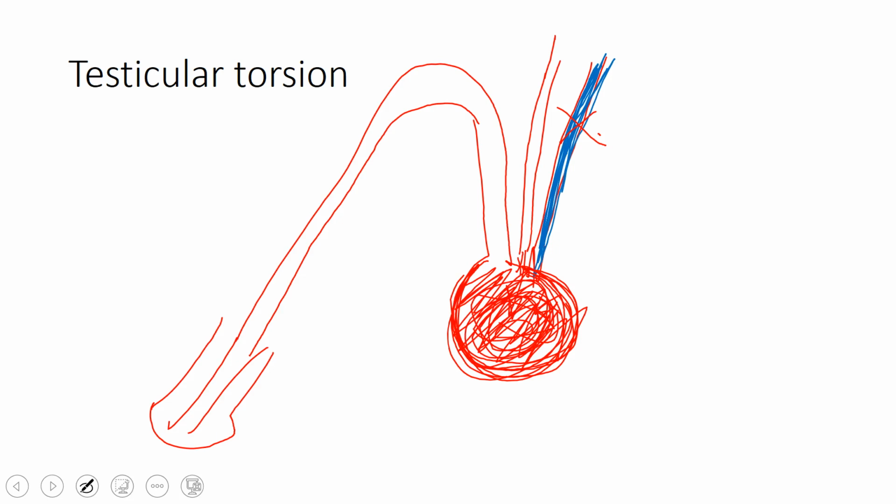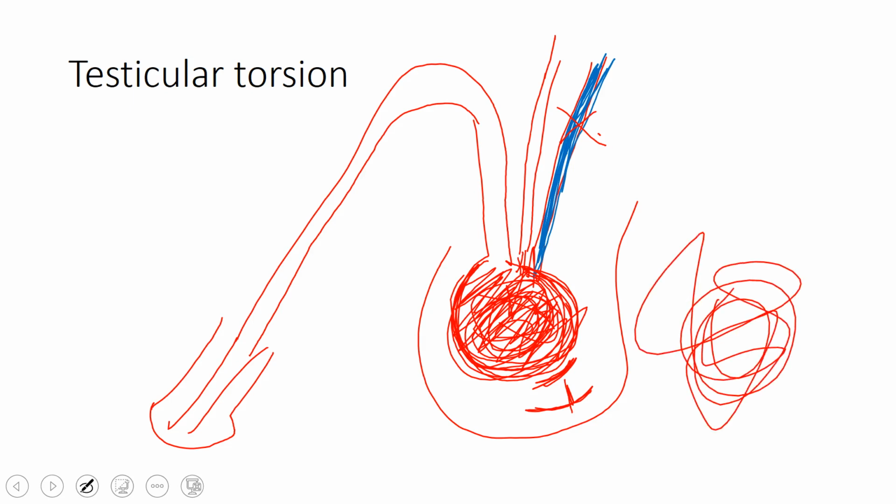So usually it's due to congenital failure of the testes to attach to the inner lining of the scrotum. So inside of the scrotum you have this inner lining here, and if this testicle does not attach to that inner lining, then it's going to be able to just swing around and do whatever it wants in there, and that's going to cause these cords to get all twisted up, and it's going to cause this kinking.